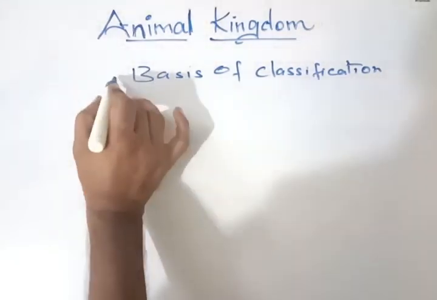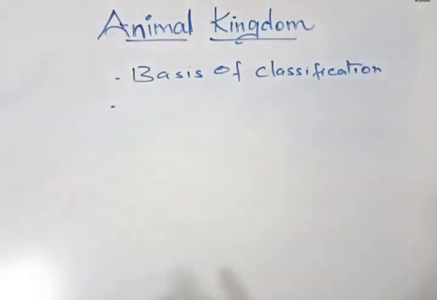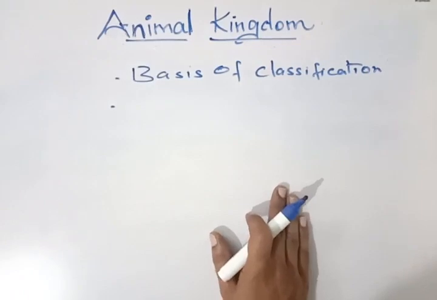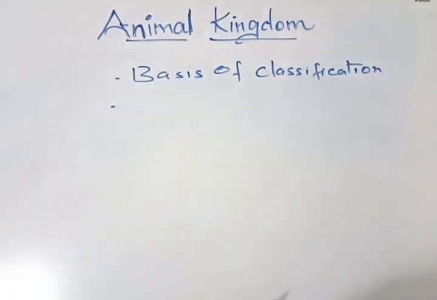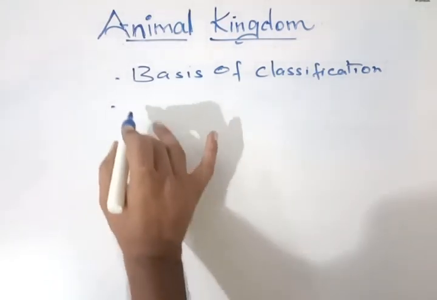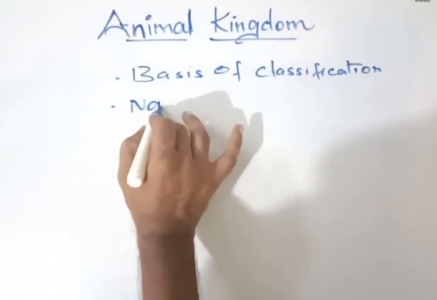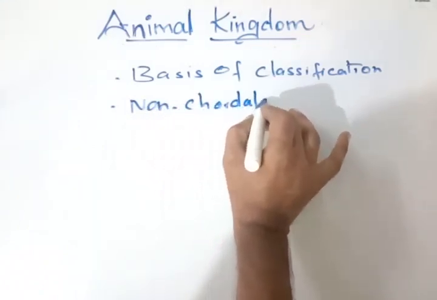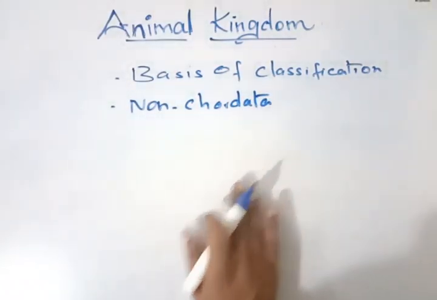So second, what you are going to understand is, after classifying those animals based on certain fundamental features, two different groups of animals have been classified. So that is called the non-chordates. Non-chordata means all the invertebrates.